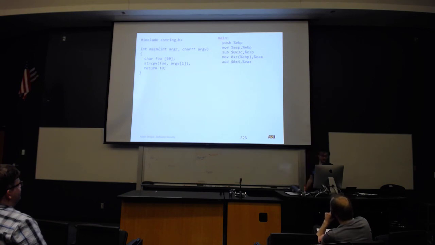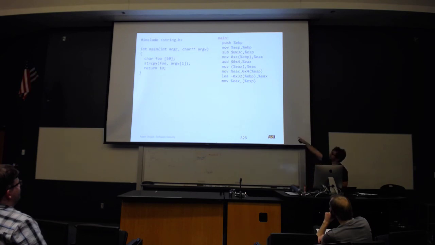Right, I see. We are getting argv[1], right? And then eventually you're loading where it's going to go, EBP minus 0x32, which is 50.